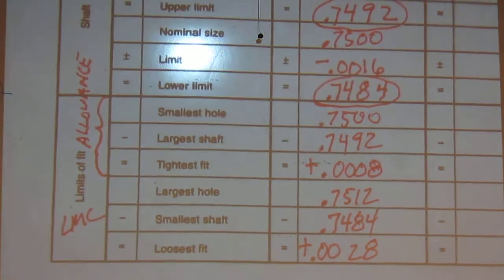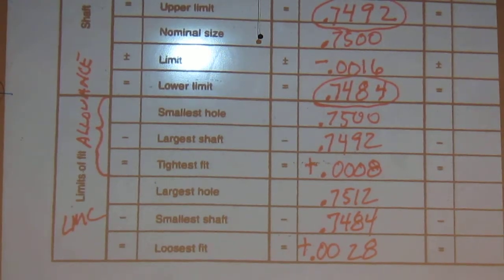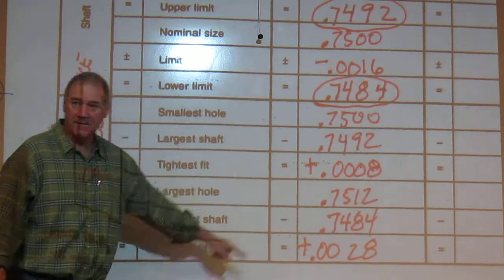I got 0.0028. Again, somebody might want to check my math. You add them for a certain? No, I subtract it. Okay, you got a minus sign, minus a minus.